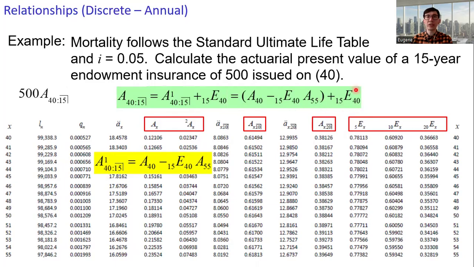And then how about 15E40? We only have the period endowment for 5-year, 10-year, and 20-year period only. And now we're having a 15-year period endowment.